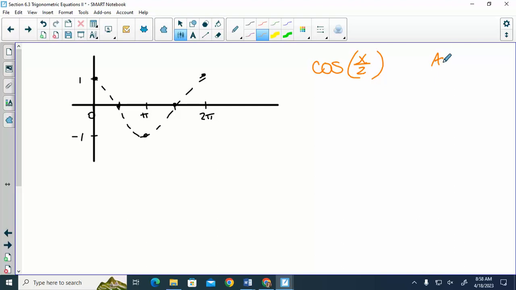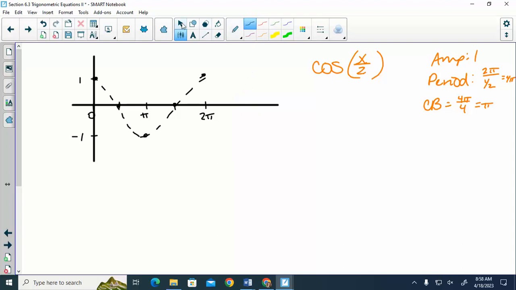when I graph that, my amplitude is still 1 because that's your coefficient. The period is normal period of 2 pi divided by the coefficient of x. X over 2 is like 1/2 x. It would be 2 pi divided by 1/2, which is 4 pi. So that means our count by period divided by 4 is just pi.